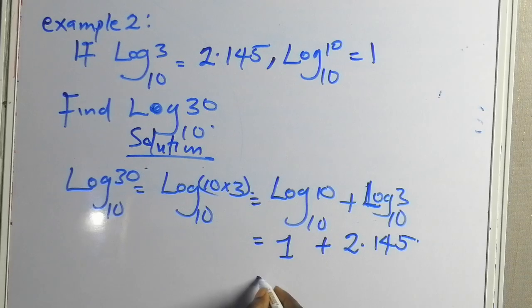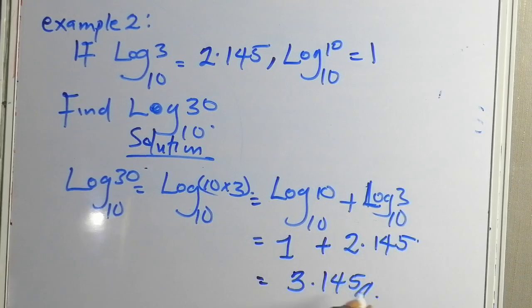So if I add this together, I'll get 3.145. So you now say, therefore, the value of log 30 base 10 is equal to 3.145. It's as simple as that. We don't need to spend much time on this because it's straightforward. Just understand the law of logarithms and know when you're supposed to apply it.